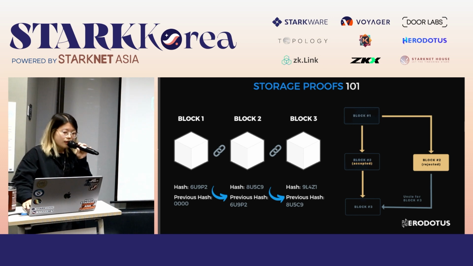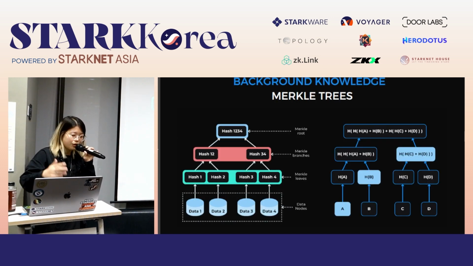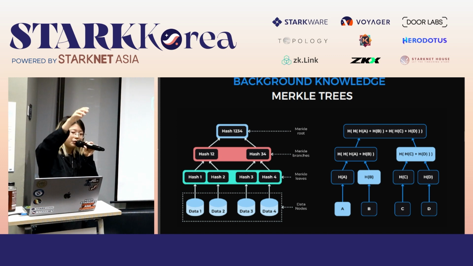The second basic knowledge to understand storage proof is the Merkle tree. As you know, in a Merkle tree you hash the data and then hash it again and again, all the way until you get to the Merkle root.